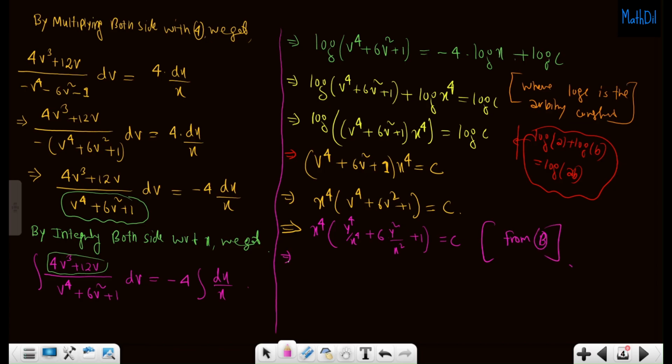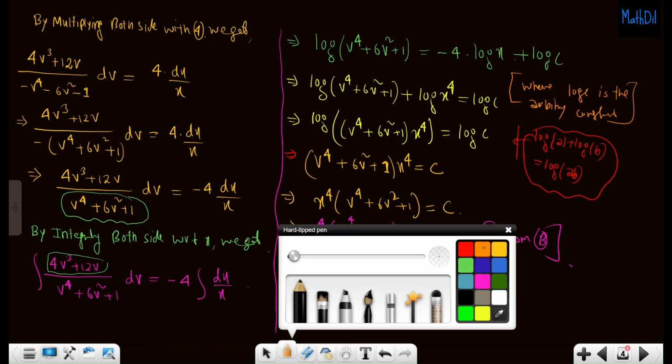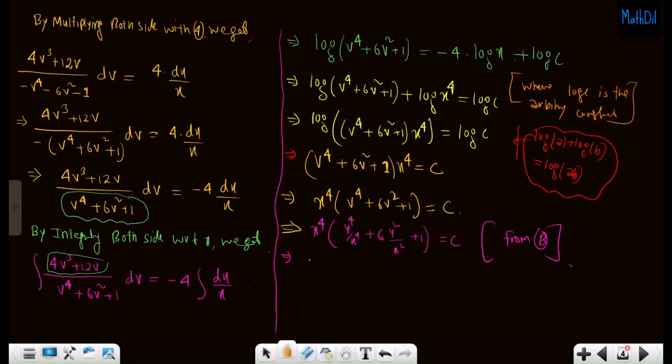Right, now simplify it. What will you get? You will get this term, that x to the power 4 as common. Now take the LCM. If you take the LCM, you will get x to the power 4 as LCM, right? And it will be y to the power 4 plus 6 and x square x to the power 4. So multiply it with x square, you will get this term, plus you will get this one, right, is equal to c. Now students, see, we can cancel this term, right?